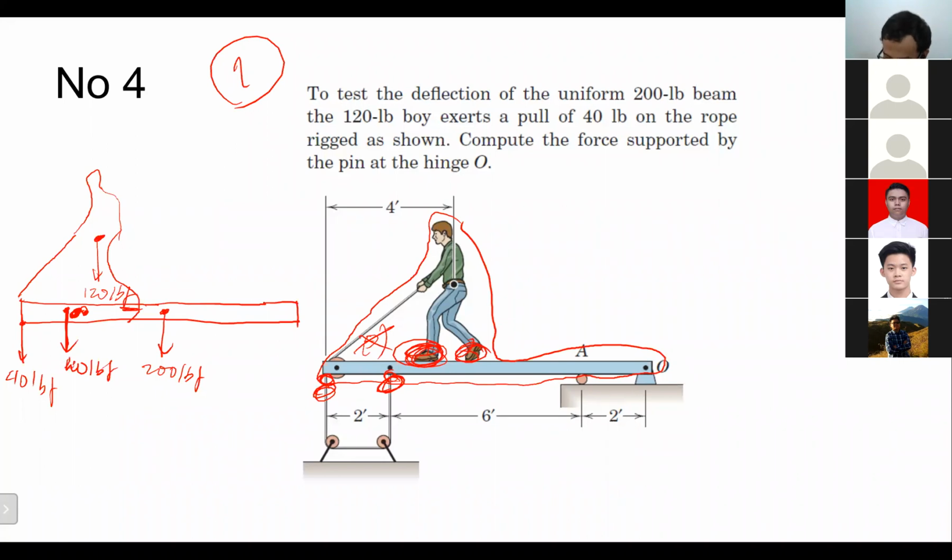So we have 240 lbf there. Beside that, at A there will be AY, and at O there will be OX and OY. So that's it. That's the free body diagram, and all the dimensions are supposed to be completed.